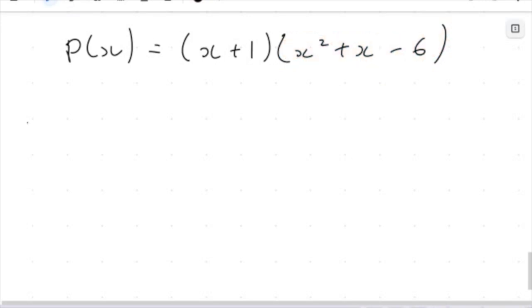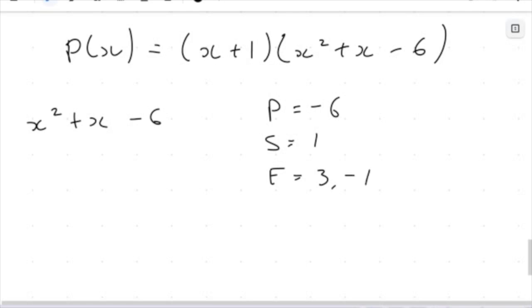If we just take our x squared plus x minus 6, using our PSF method that we did before, we want two numbers that multiply to give negative 6 and add to give 1. So those are going to be 3 and 2.